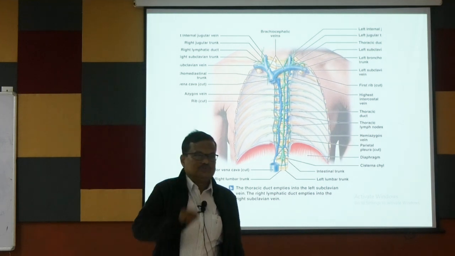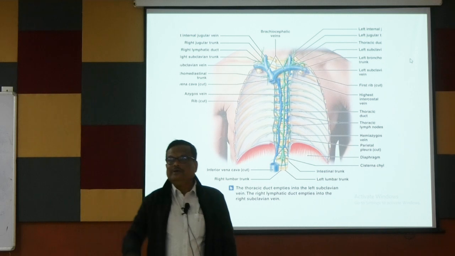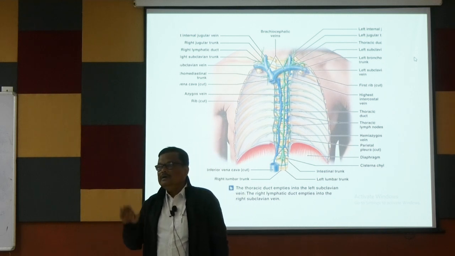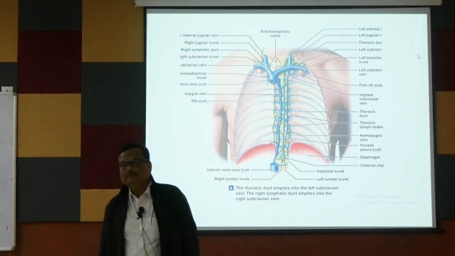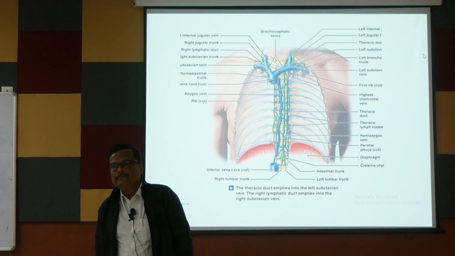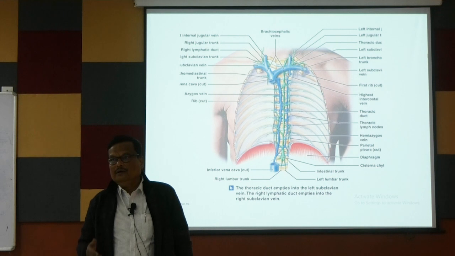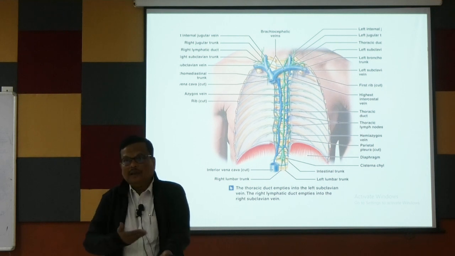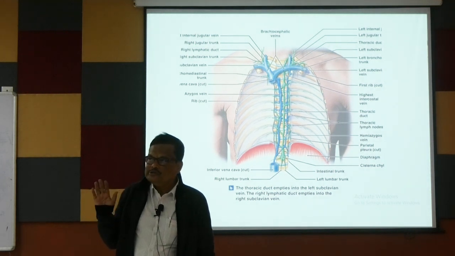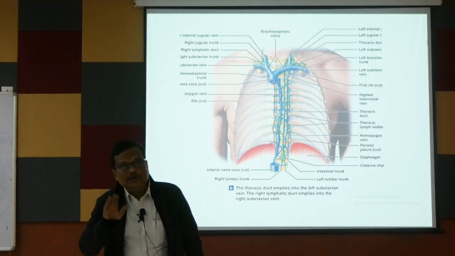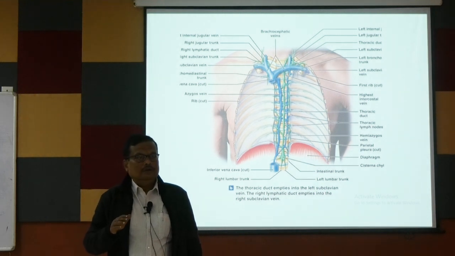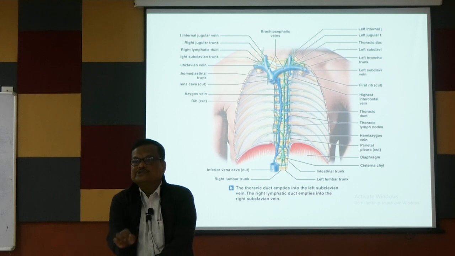So any veins, lymph vessels, or lymph nodes present in the superficial fascia, superficial to the deep fascia, you have an idea about superficial and deep now. If you cut the skin, you find these structures.